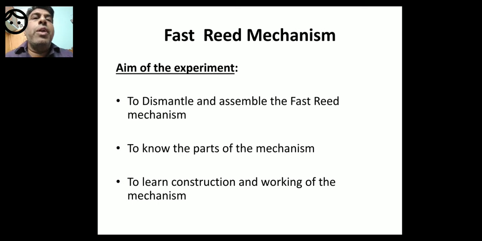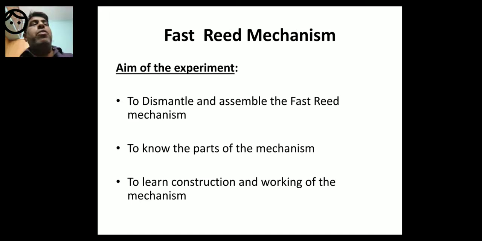In the warp protector mechanism, the first one is loose reed mechanism, which we have completed in the last class. The difference between loose reed mechanism and fast reed mechanism is that the reed is held firmly in the fast reed mechanism, whereas the reed is not held firmly in the loose reed mechanism.